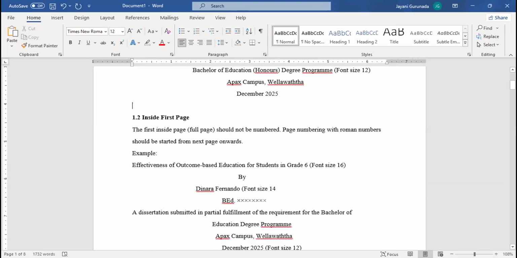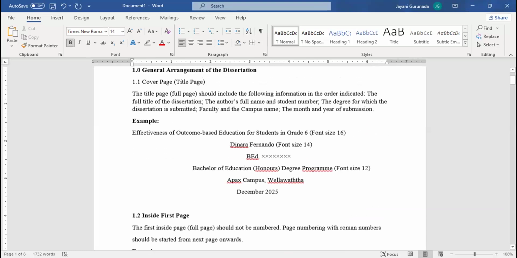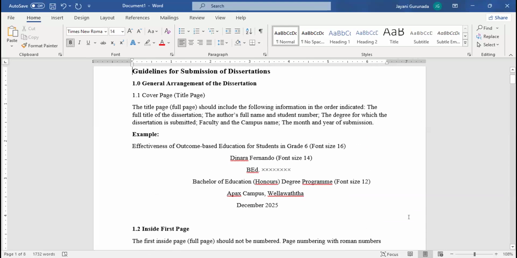Inside, now that was the first page. This one, the title should be there. Then your name, then your registration number, then your degree, program, campus, date, and month.